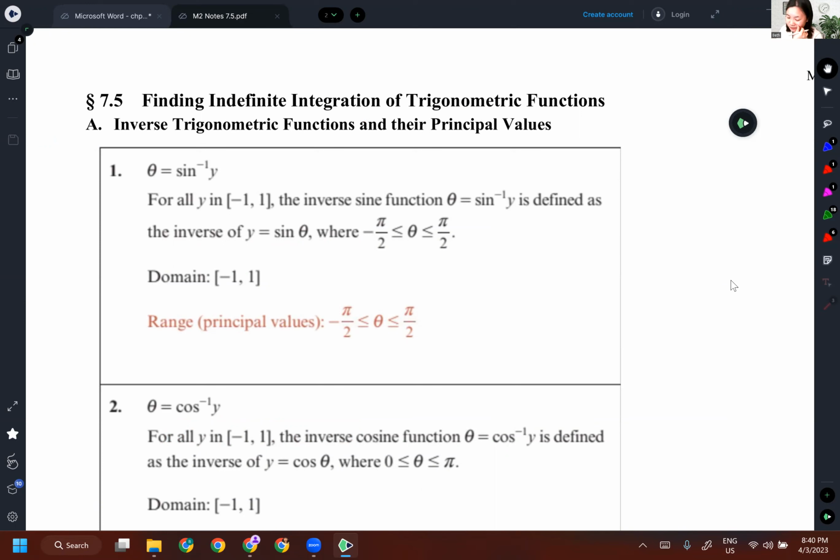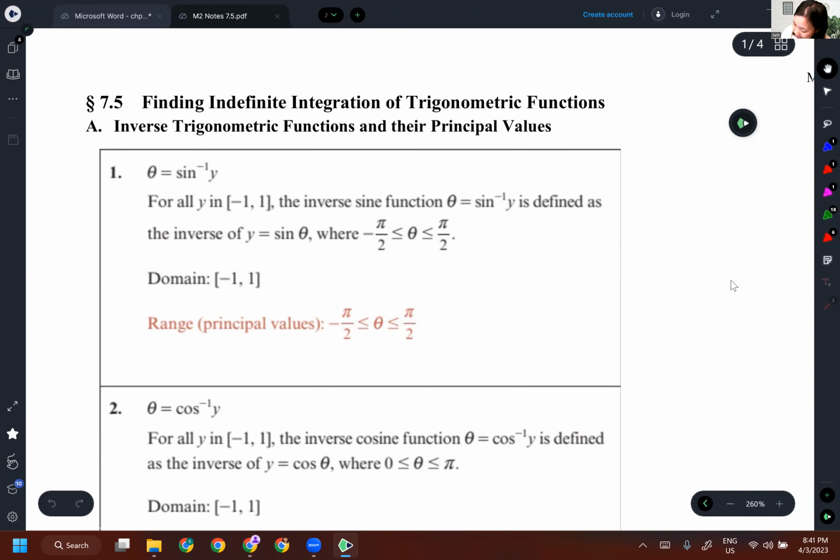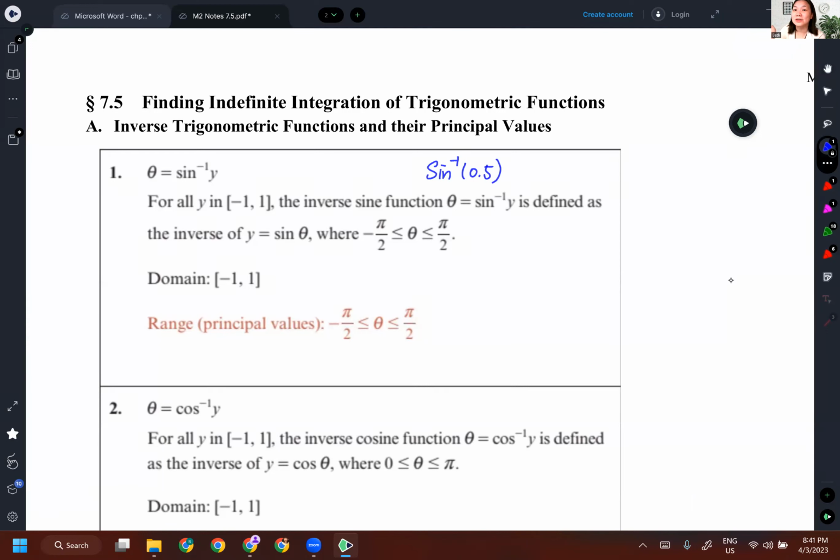For example, I can put sine, let's say 0.5, inside this, and then I should get an outcome. The outcome is an angle. Now, if you know about trigonometry, you should know that a lot of angles have the same sine value. But for this one, the outcome is only one angle, not multiple angles, although all of them share the same sine value.